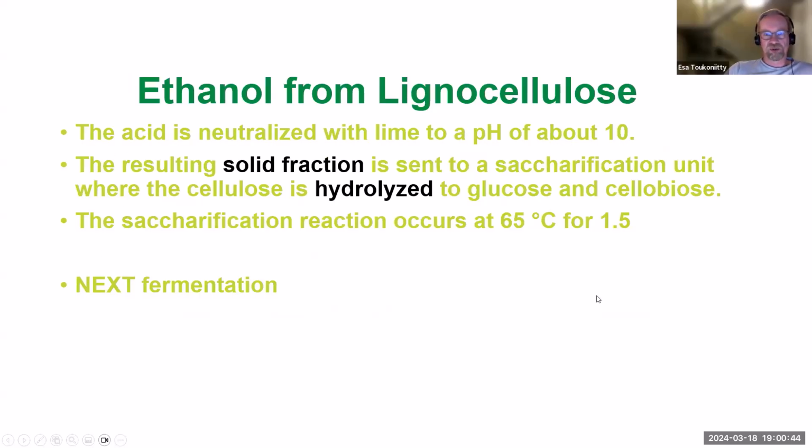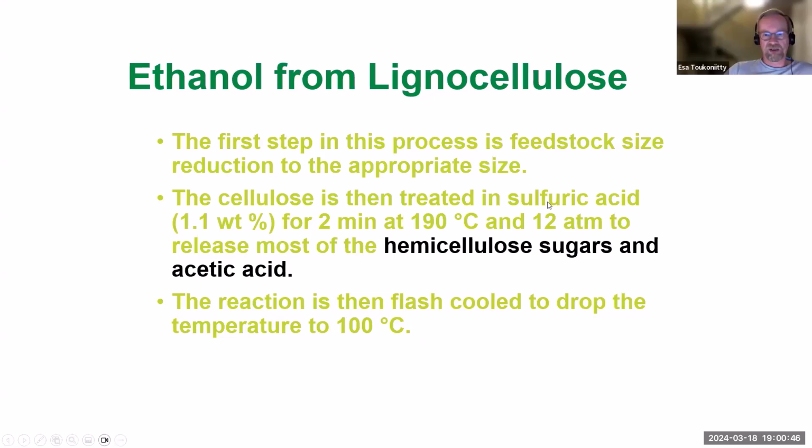Second part is mainly neutralizing. Of course, the main acid source is the sulfuric acid used for this particular step. But when the hemicellulose breaks, it releases also some amount of acetic acid.